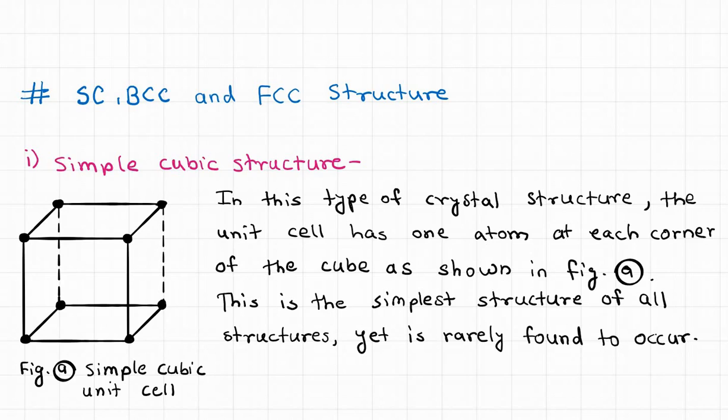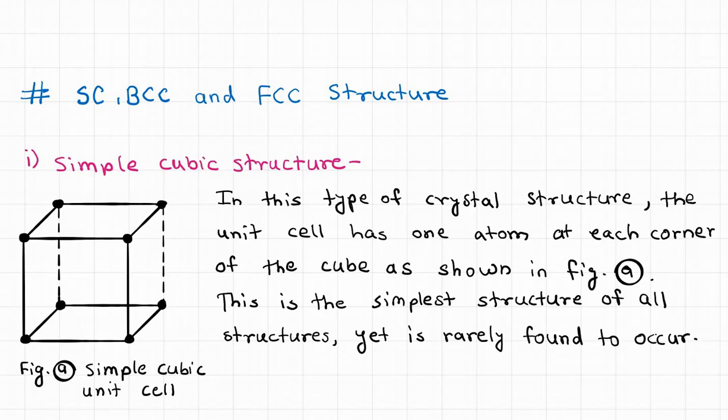So, first of all, what is simple cubic structure, what is body centered cubic structure and what is FCC structure? Among the 7 crystal systems, the cubic crystal is simplest. The 7 crystal systems are cubic, tetragonal, orthorhombic, rhombohedral, hexagonal, monoclinic and triclinic.